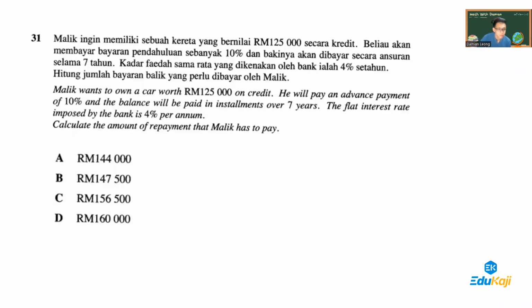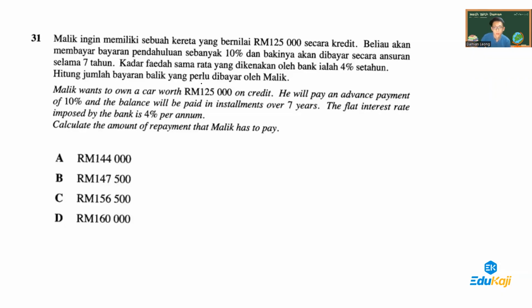And question 31. Malik wants to own a car worth 125,000 on credit. He will pay an advance payment of 10%. Balance will be paid in installments over 7 years. So flat interest rate imposed by the bank is 4% per annum. Calculate the amount of repayment that Malik has paid. So it's a flat interest rate for 7 years.